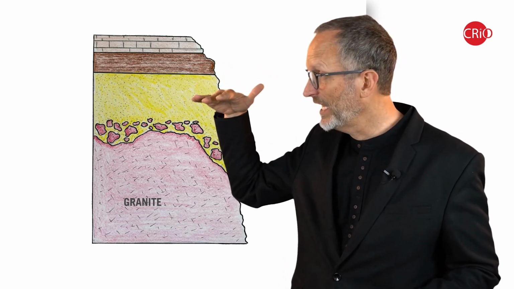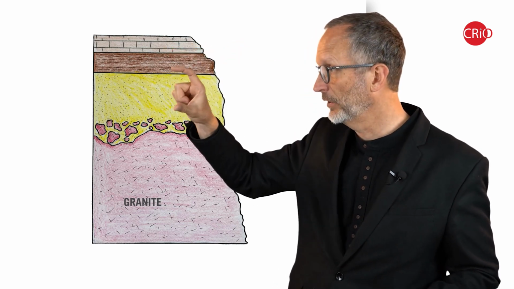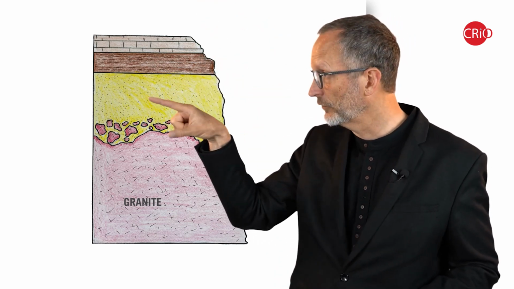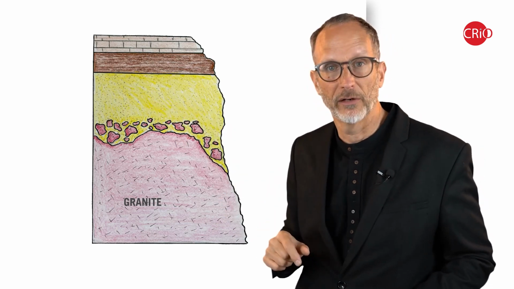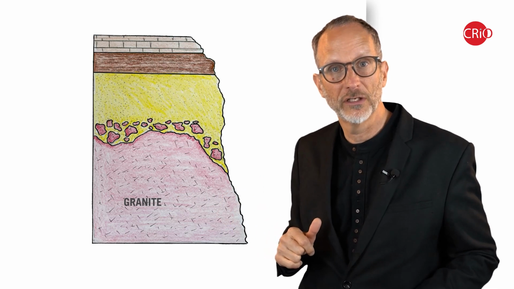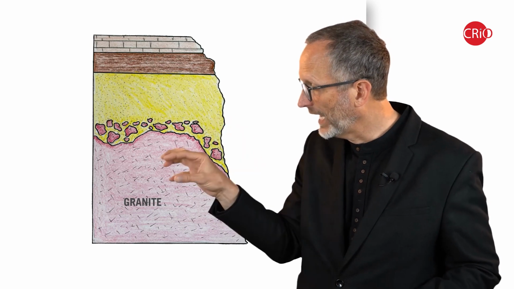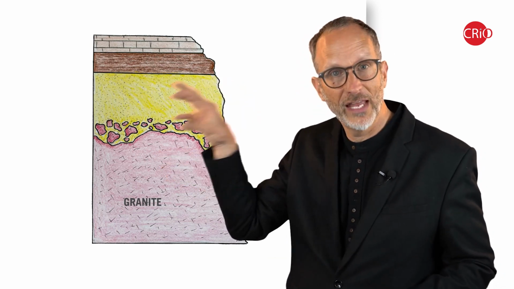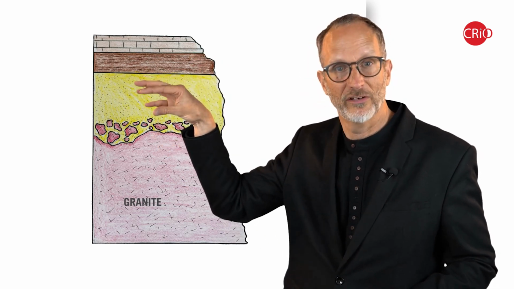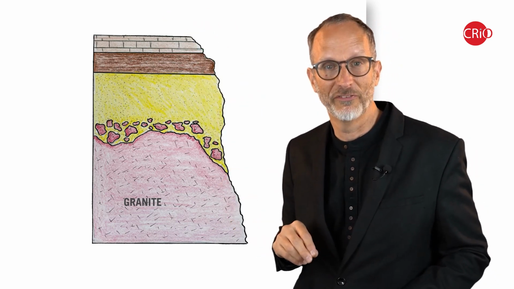Then the situation changed, and there's another rock on top of that in a bit of a darker color, and another rock on top of that in that sort of brick type pattern. Now, this generic geological cross-section is very useful because we can use it to understand that the granite was there first, sand was deposited on top of it, mud was deposited on top of that, limestone deposited on top of that.